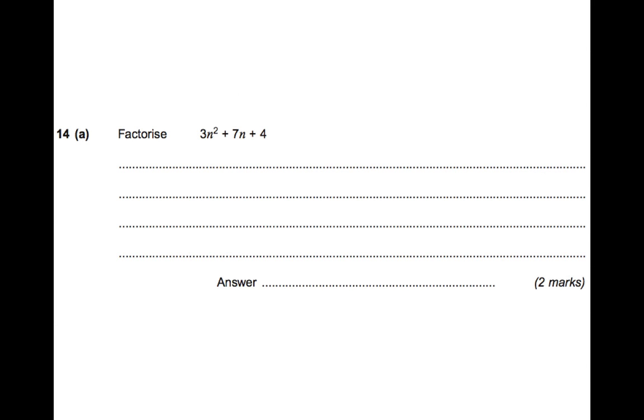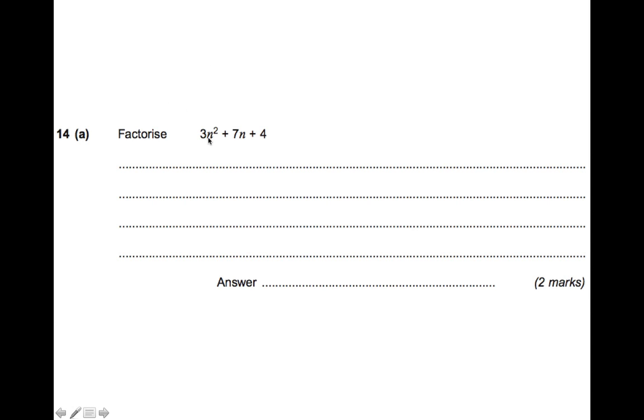Okay, the next question is a quadratic, and because the first term is not just n squared, but it's 3n squared, then you can't apply the process of finding factors of something that add up to something else. And it's a little bit more trial and error.